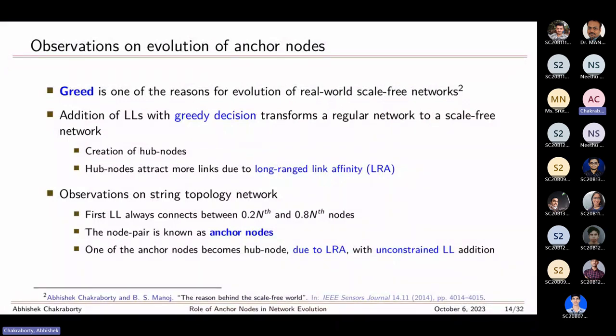But if you go for some directional antenna like LoRa, it may not go more than 100 meters in a dense urban setting. Then the length will also start playing a role. Until now, whatever we have discussed, we did not take that constraint into account, so it is unconstrained link addition, with no constraint on the maximum length.